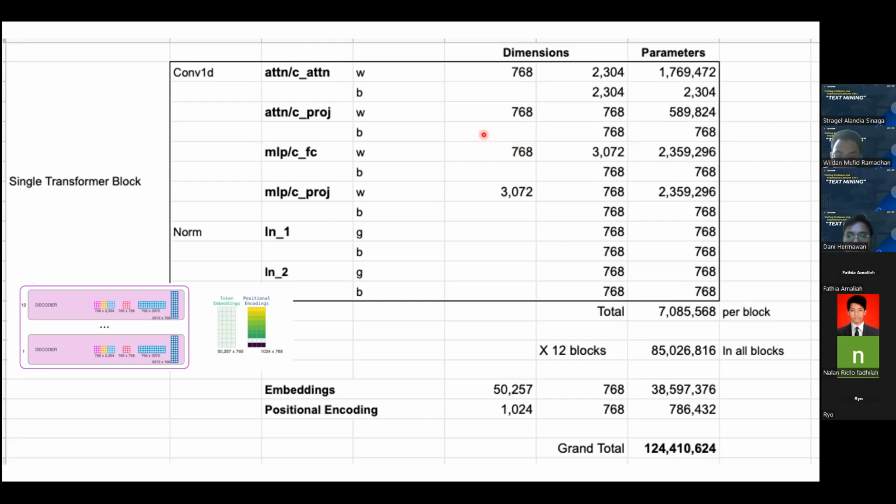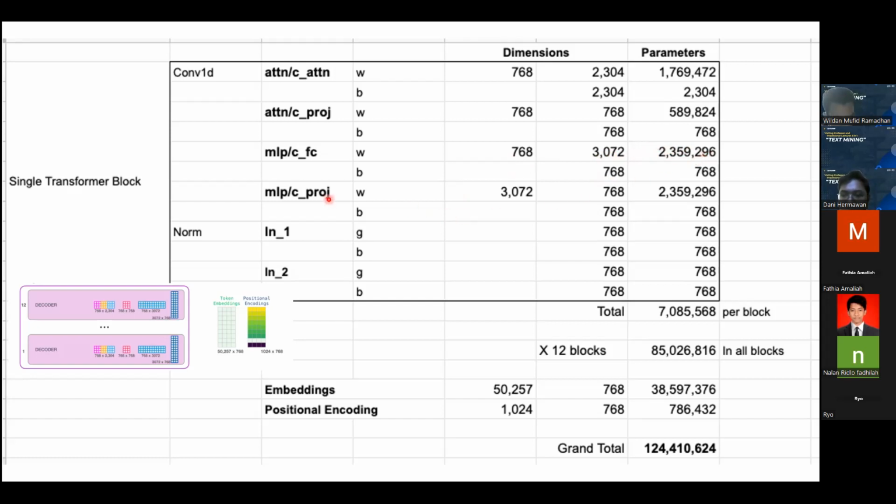Second, the matrix for transforming the multi-head attention output into the final Z vector has dimensions of 768 multiplied by 768. Third, the matrix for transforming the final Z vector into a vector that's 4 times wider has dimensions of 768 multiplied by 768 multiplied by 4.